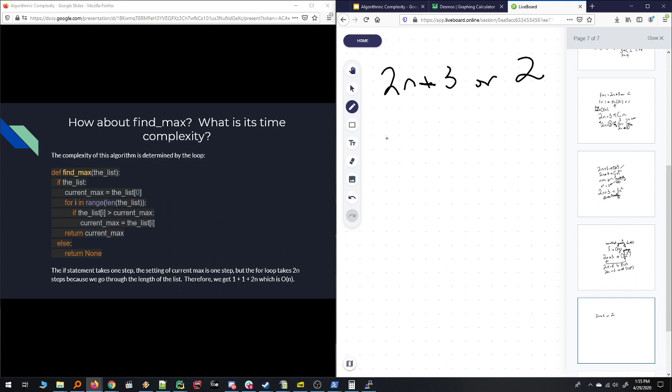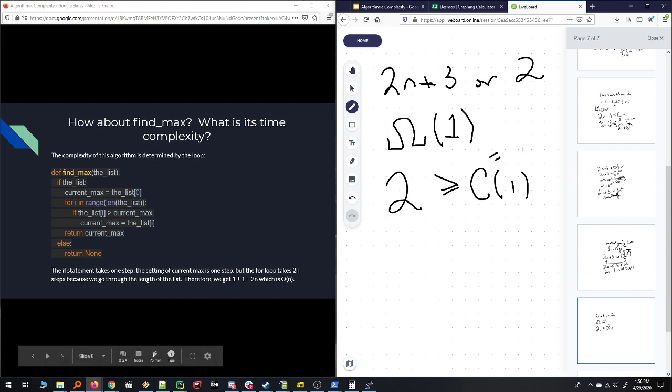The answer is big omega of 1, because all we need is that 2 is bigger than or equal to some constant times 1. That constant can be 1, so it can be the nice simple answer.